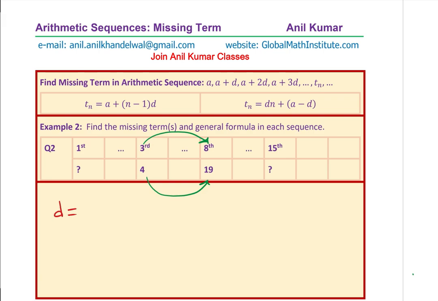D is change in y values over change in x values, right? Change in y values, think like this, 19 minus 4 divided by 8 minus 3. That is what D is. It is like gradient, you get the idea. It is like gradient with 2 points. And so, 19 minus 4 is 15, 8 minus 3 is 5, and so we get a value of 3. You get the idea. So we have the value of D as 3.